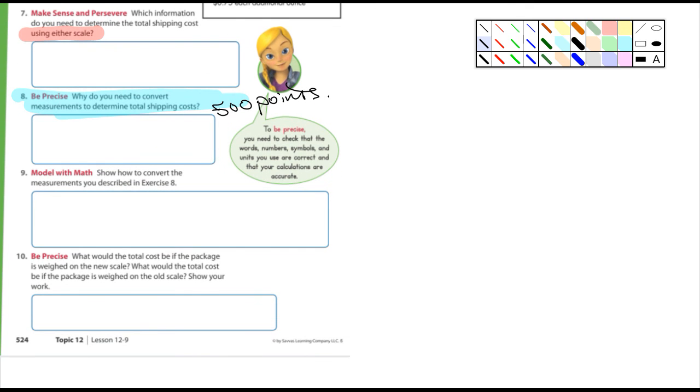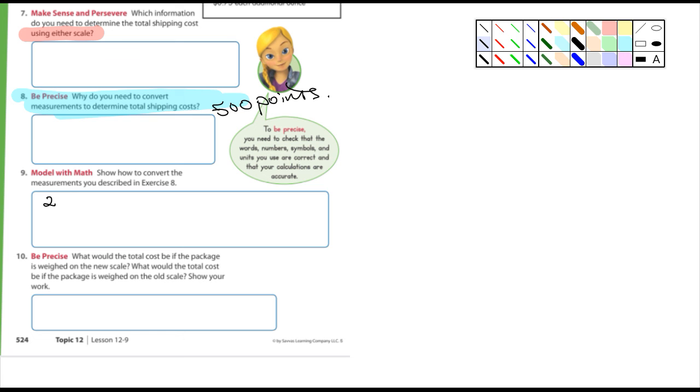Show how to convert the measurements you described in exercise 8. Well, okay, so let me set that up for you.